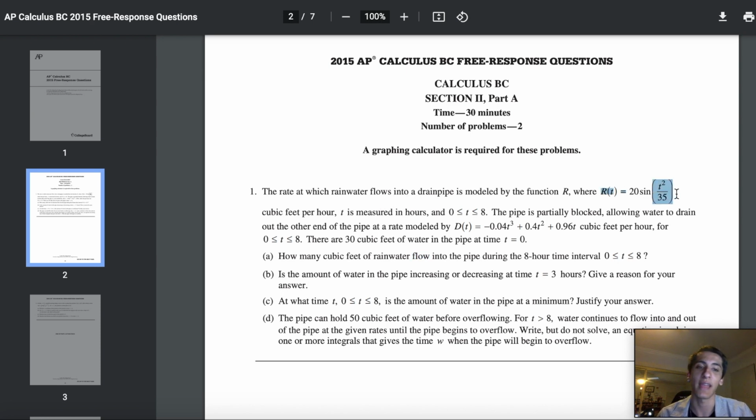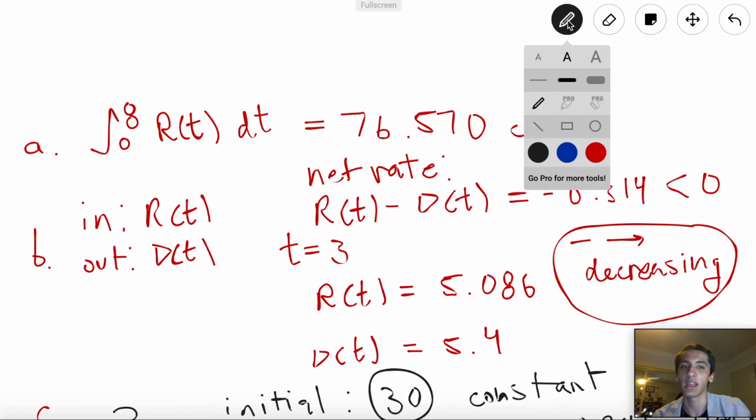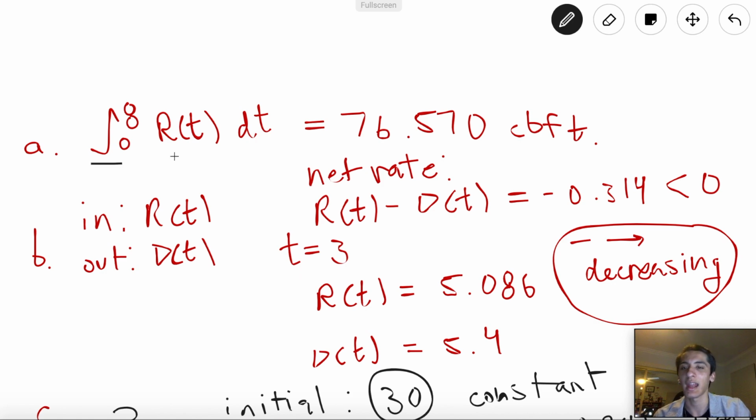So we're going to be looking at that r of t equation, as we want to find the area under the curve in order to tell us the total amount that has flowed, not just at a certain point in time, but over this whole range. So I will basically show you this part here, part A. You can see we're looking at the integral of r of t from 0 to 8, which, since you get to use your calculator, you can just plug in nice and easy.